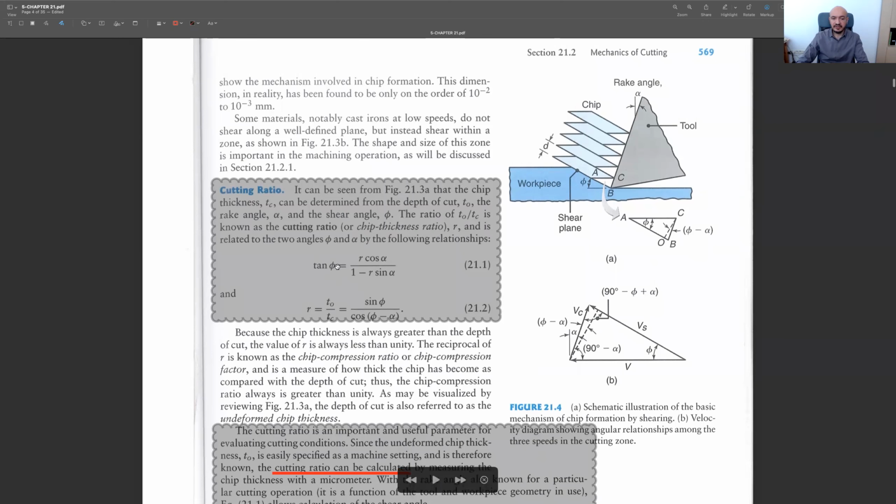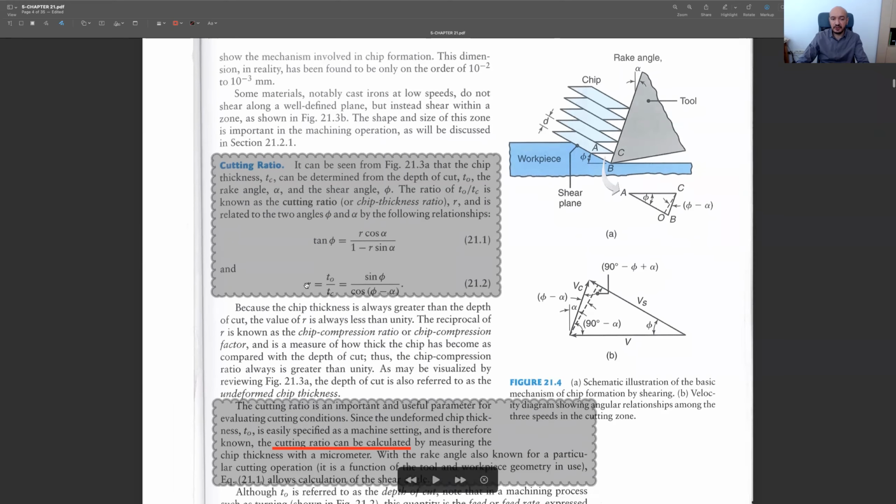If you want to determine, let's say, shear angle for some specific values, then you may use this equation. But if you want to use this equation, then you need to know the cutting ratio. How can we determine the cutting ratio? Since you already set t0, t0 is a known value, it's the depth of cut. And how can we determine tc?